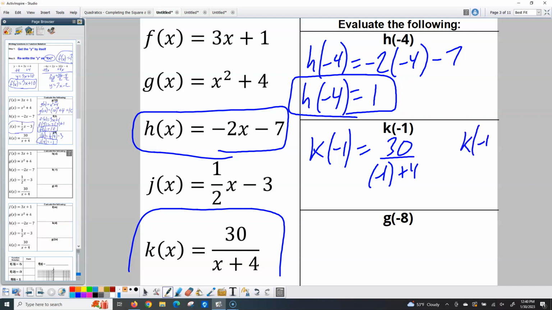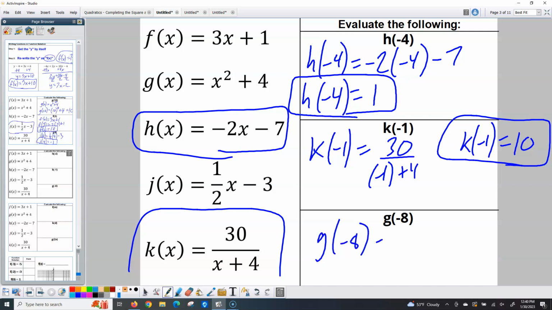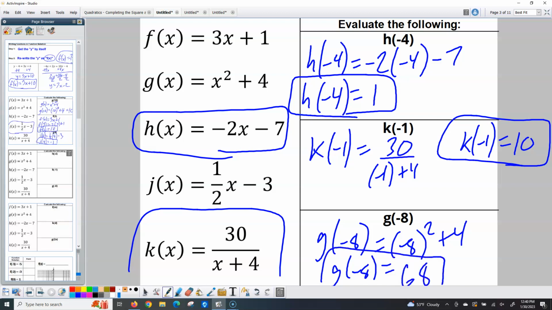So k of -1 equals, I punch that all in my calculator, and I think it gives you 10. So when x equals -1, y equals 10. G of -8. Same thing, going to plug it in, -8 squared plus 4. So g of -8 equals, I think, 68.